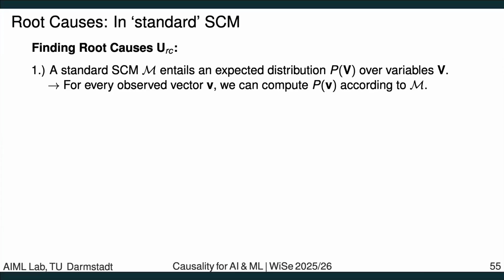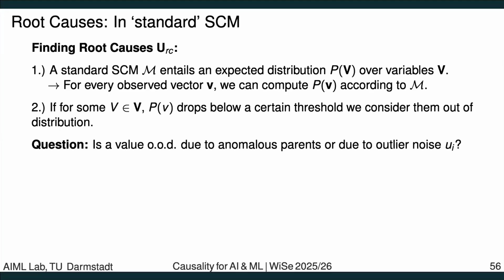So we might have observed our system before and we know the expected joint distribution over all the variables. And we then will observe a particular set of values, and we will see for certain variables that they drop below some probability threshold according to our causal model.